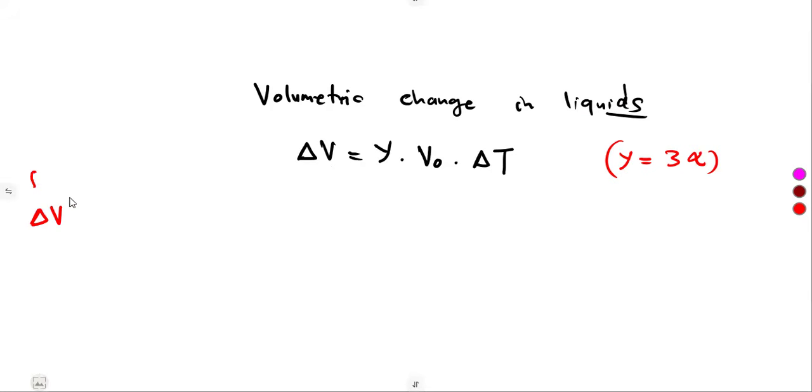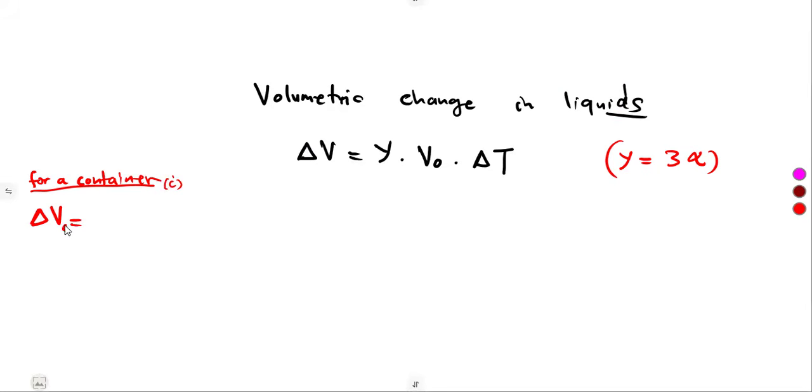So for a container, because it is going to have its own expansion, its own increase in volume. So if it is that one, we're going to use container. I'm just going to use C to denote a container. So I'm going to write like this.